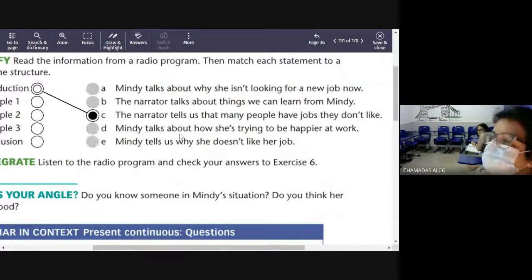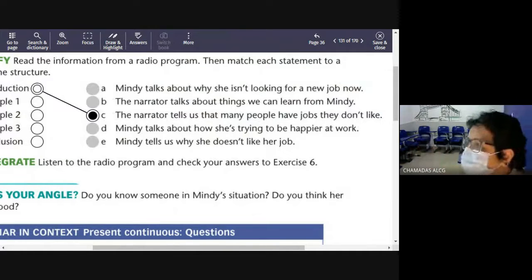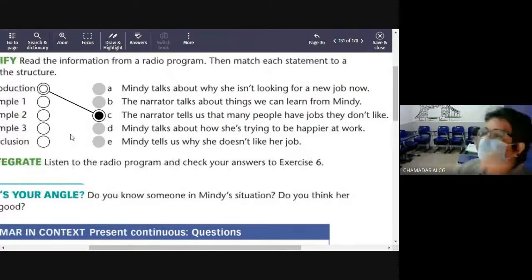This is an introduction. The narrator tells us that many people have jobs they don't like. So this is a good way to start. Okay? We can say that, oh, a lot of people have jobs they don't like. This is super common.